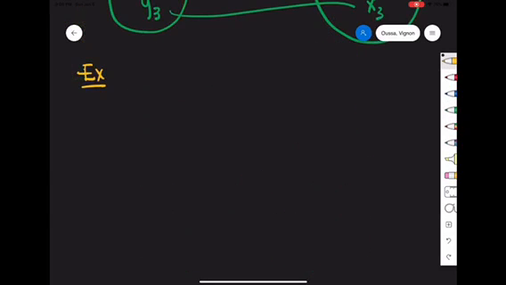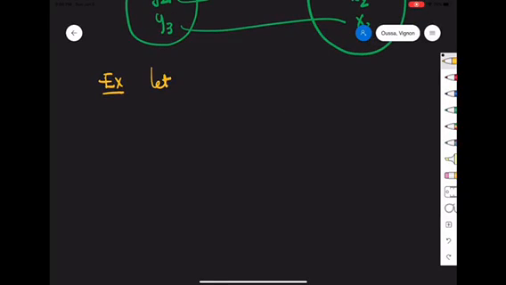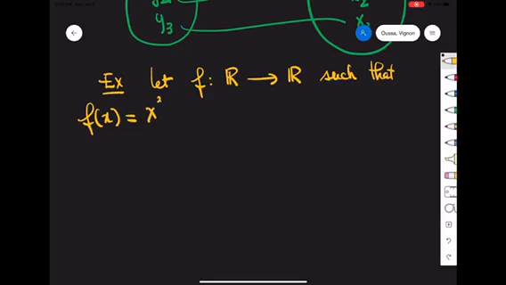I've seen inverse functions in the past, especially when you were doing calculus and pre-calculus. So let me remind you of one way of computing the inverse of a typical function. Let f be a function from the set of all reals into the set of all reals, such that f of x is x cubed plus 3 for every x, which is a real number.